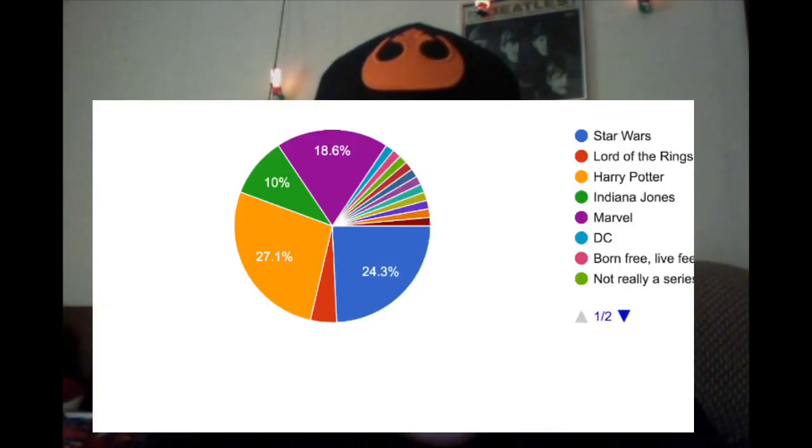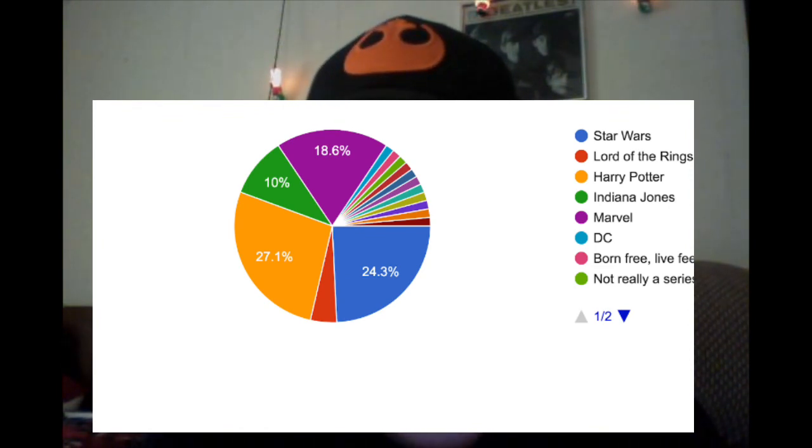And this 4th question people thought was the most difficult, because I had people pick their favorite movie series, so they could only pick one, and people said they had a hard time doing that. And I hate to say it, but in my survey, Harry Potter came in first at 27.1%, beating Star Wars at 24.3%.